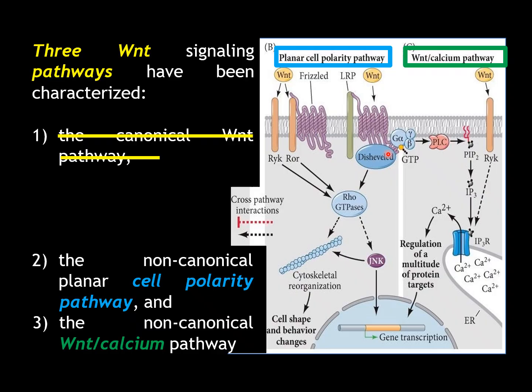Other ones are completely gone in the non-canonical pathways, the planar cell polarity pathway and the calcium pathway. Again, they end up with changes in the gene expression.